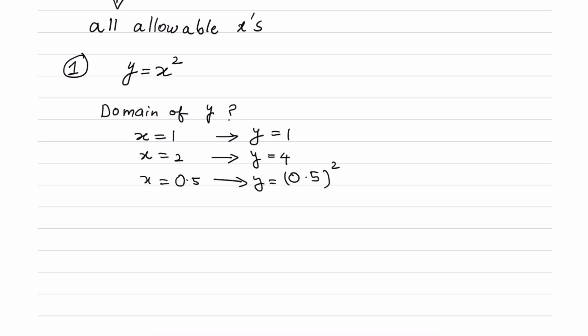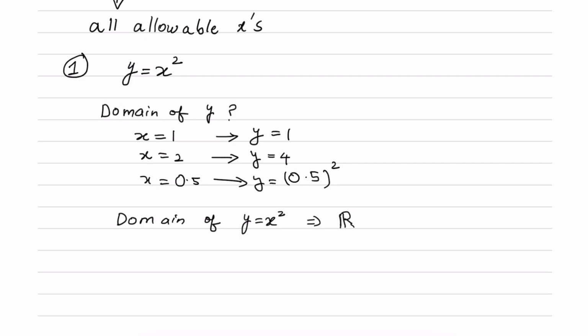So I will say that the domain for the function are all real numbers. Any real number that I take and plug into the function y equal to x square, I get a real number. So the domain is all allowed real values, real numbers.